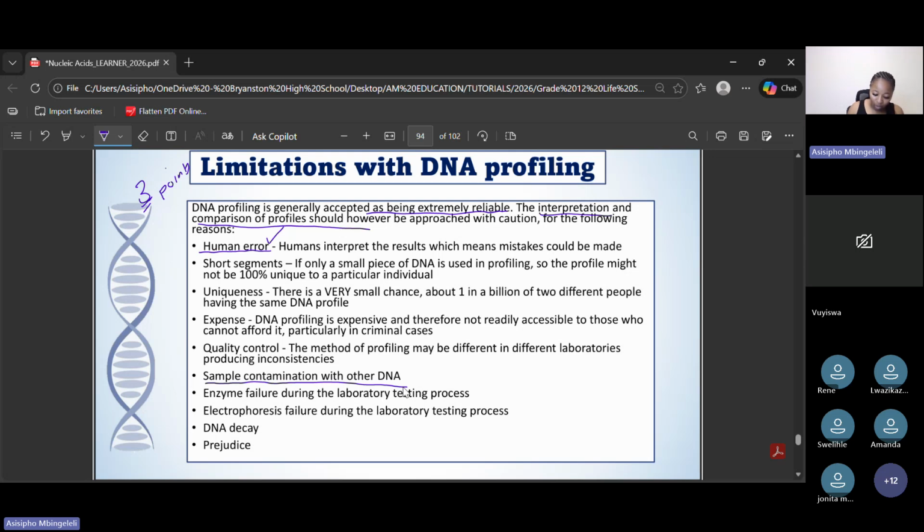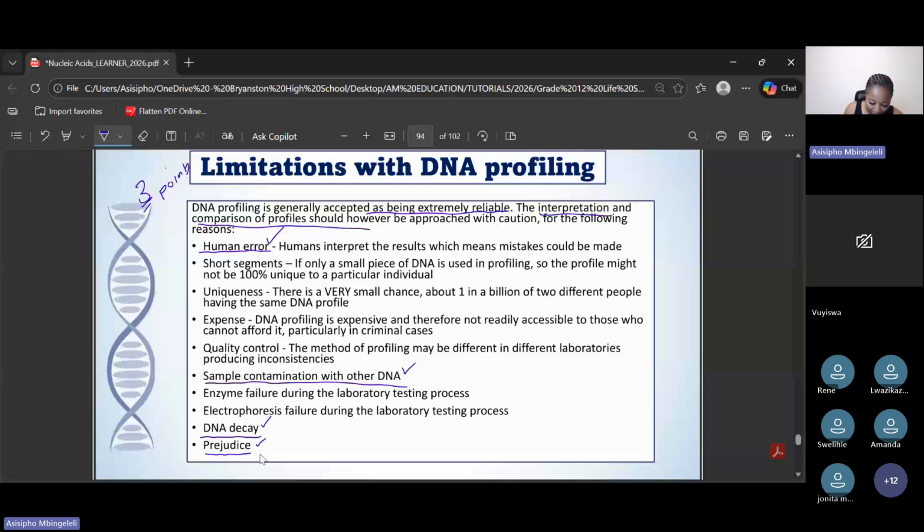So remember this one also. I'm just trying to choose the easy ones. Okay, DNA decay, that particular section of DNA. Prejudice, that is also possible here. You can also speak about bribes. People can be bribed to interpret the results incorrectly.